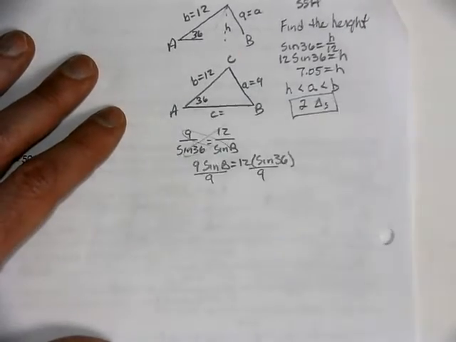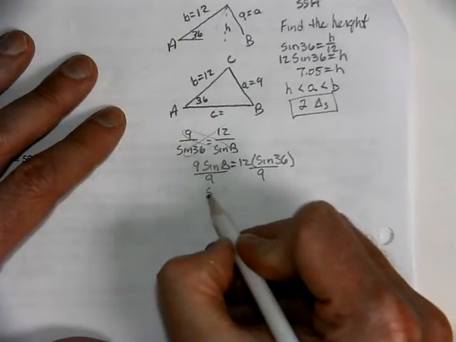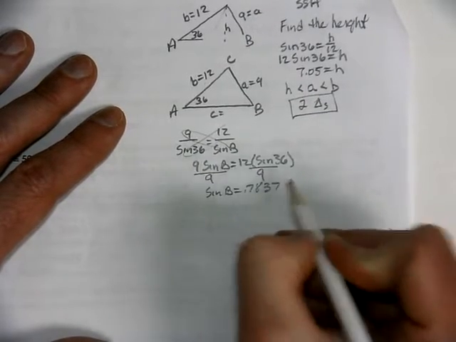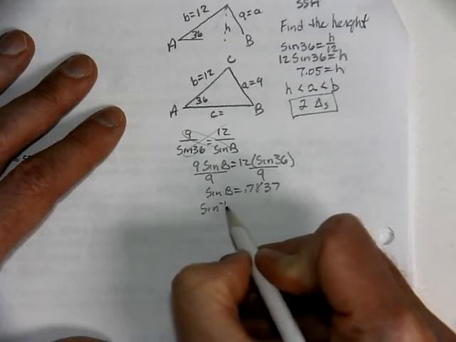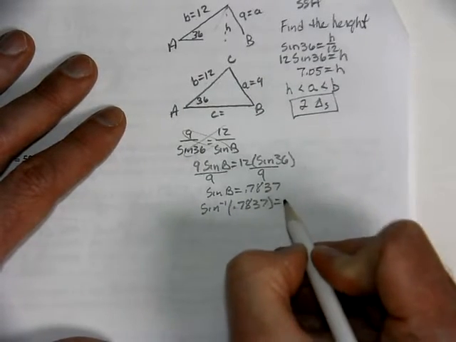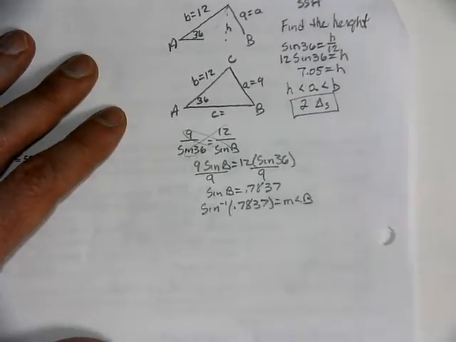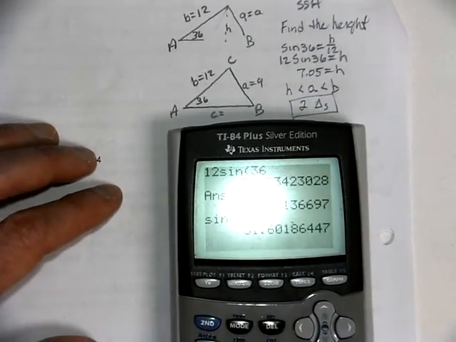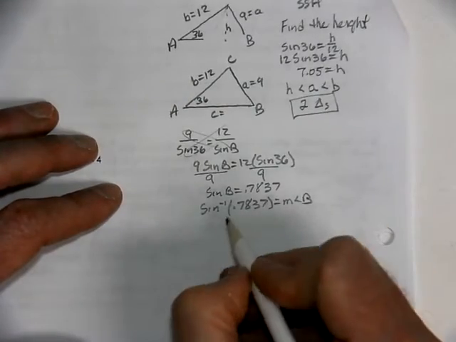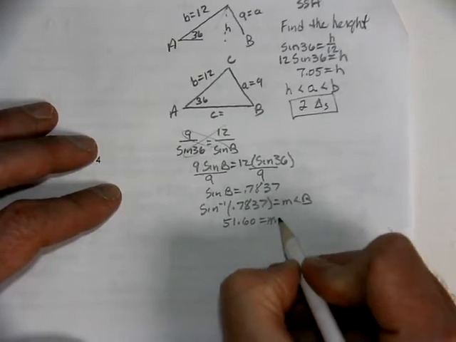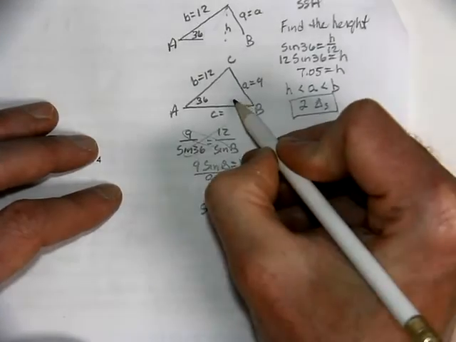That gives us 78/37. And sine inverse of 78/37 is going to be the measurement of angle B. So we do sine inverse. That gives us a 51.60. That's the measurement of angle B.